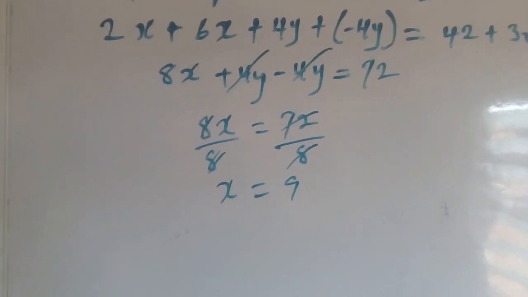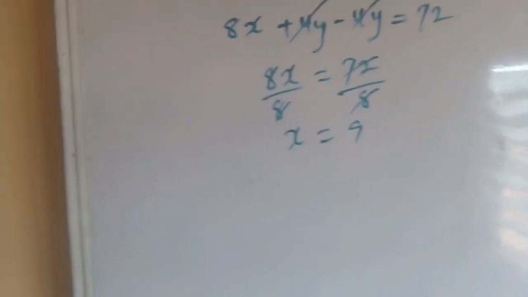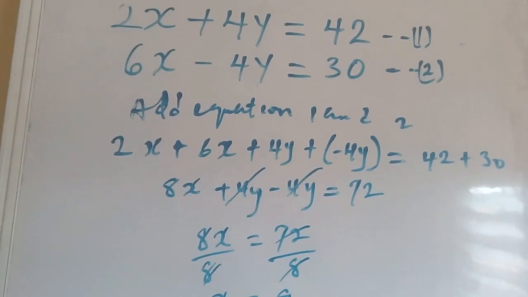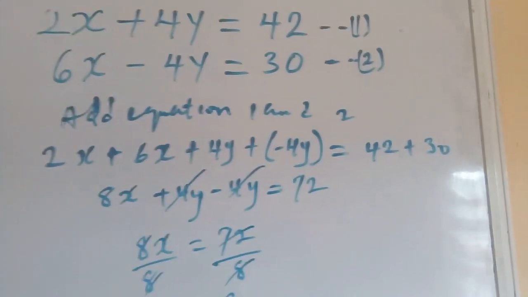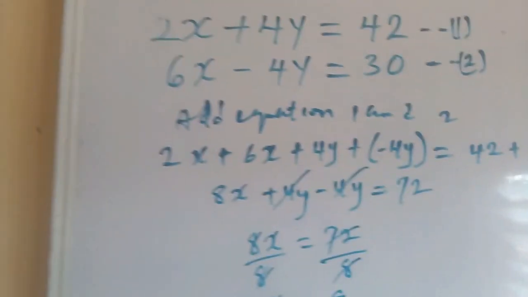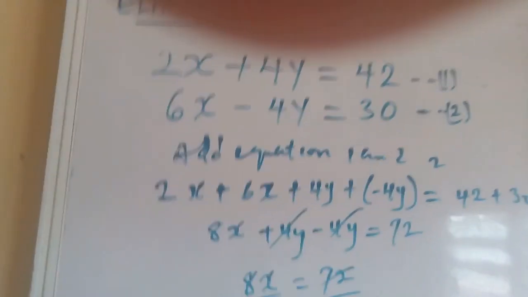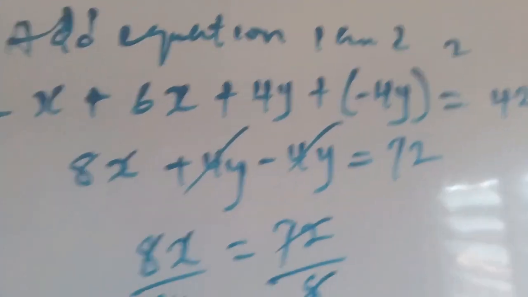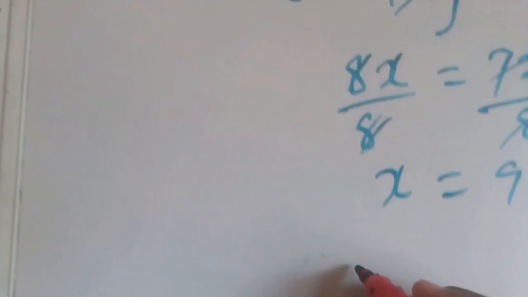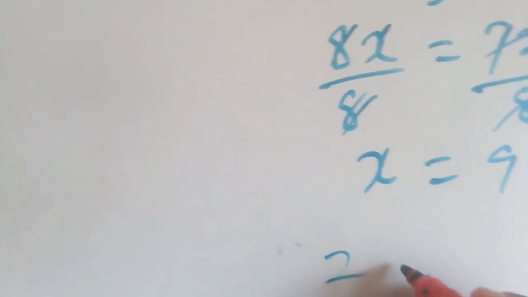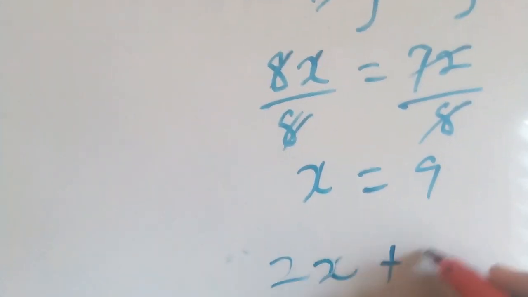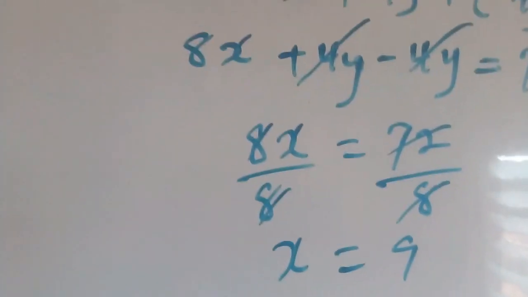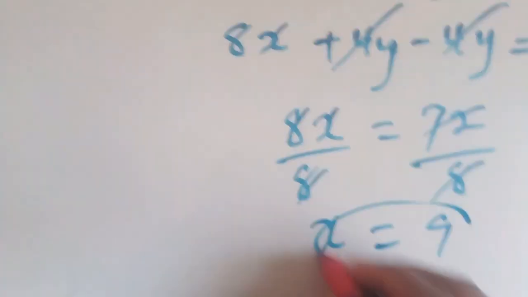Then we proceed to calling one of these equations on the board, either equation 1 or equation 2. I'm going to call equation 1, which is 2x plus 4y equals 42. Remember that my x is 9.